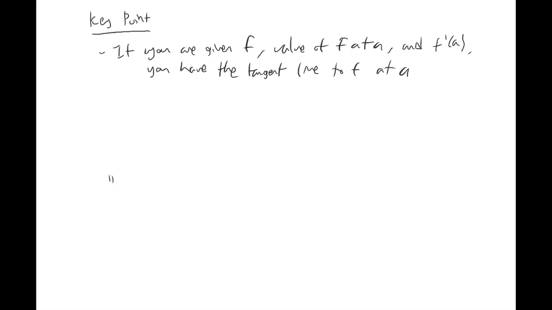This should be algebra. If I gave you a point, is that enough to get an equation of a line? If I tell you the line passes through 0, 0, is that enough? What else would you need?